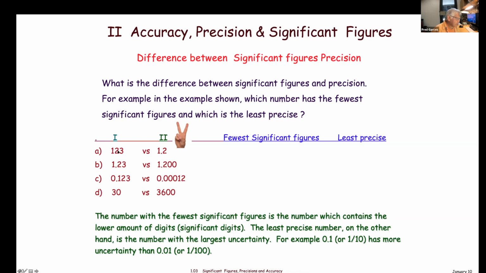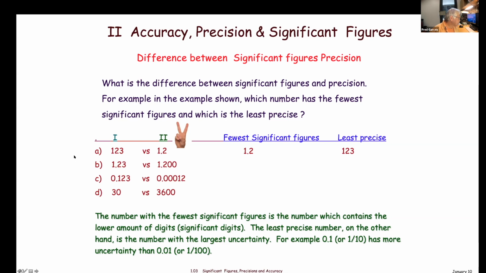But which one is the more precise? Which one measures a finer measurement? The 1.2. That has a better precision. So the number with the fewest significant figures is 1.2, but the number that is least precise is 123.